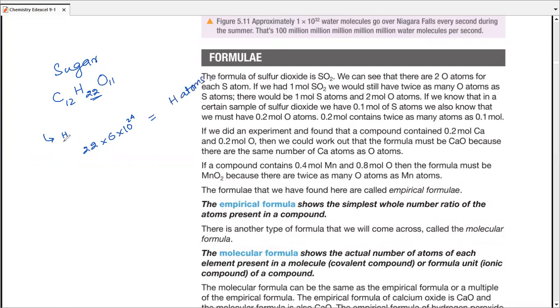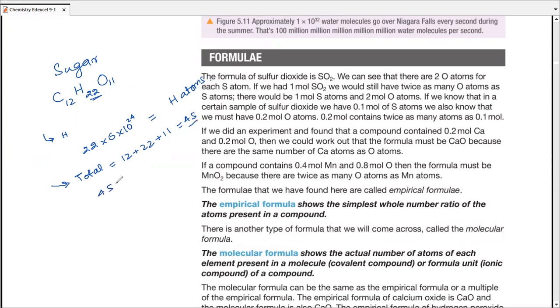But if he asks you the total number of particles, obviously you need to add these. So for the total, you have 12 carbon, 22 hydrogen, and 11 oxygen particles. So definitely you have 33, 44, and 45. So you have a total of 45 particles.